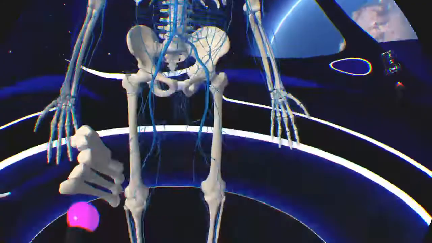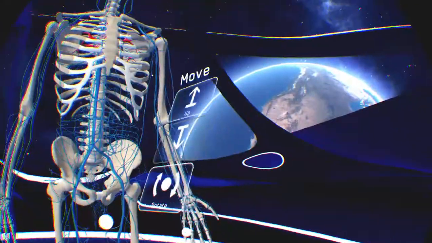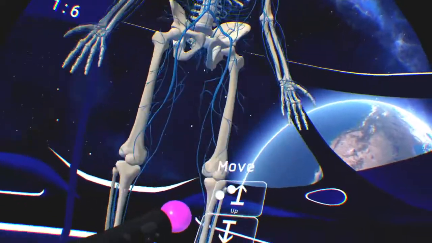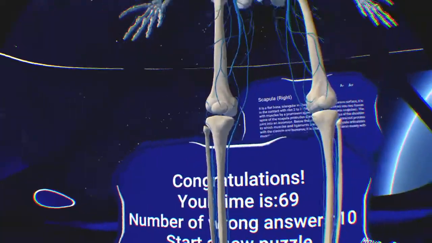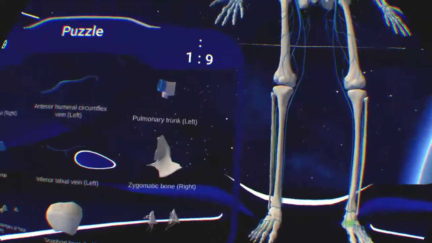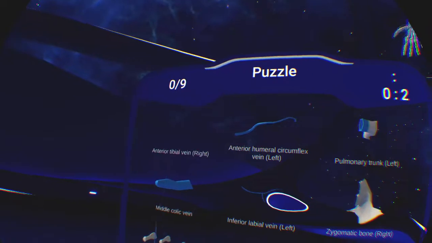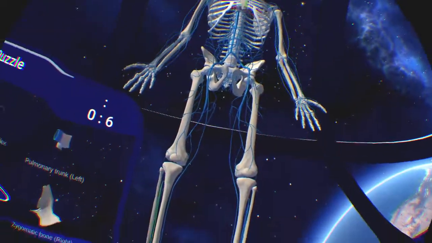Wait, these go on the foot. I thought they were on the hand. Let me put you up. Too easy. Like, give me hard stuff. This is gonna be too easy, like always. What? Another too easy?